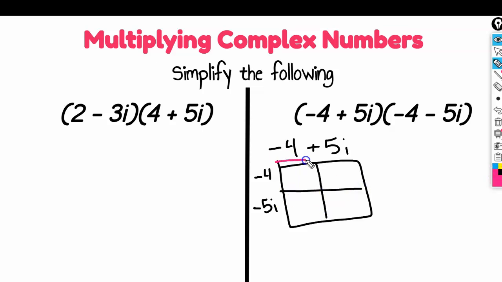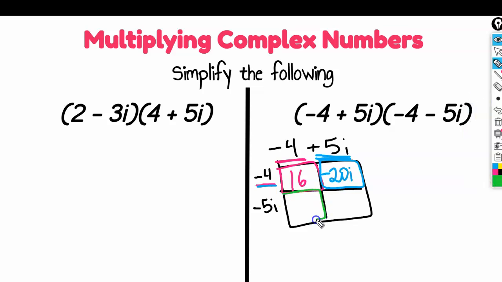So first we'll do negative 4 times negative 4 for this first box. Negative 4 times negative 4 is positive 16. In this next space, I've got 5i times negative 4, which is negative 20i.